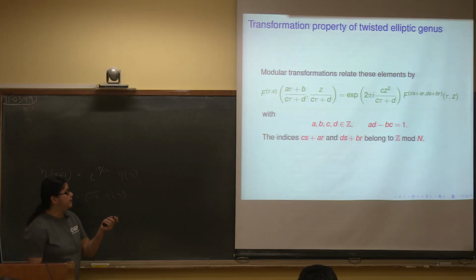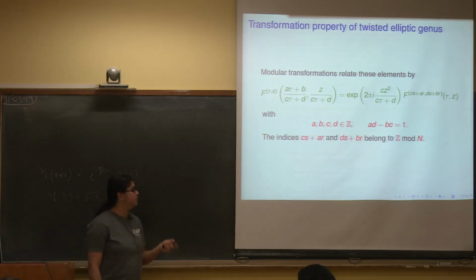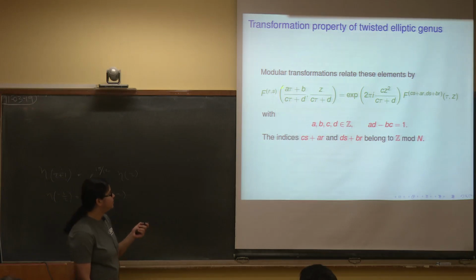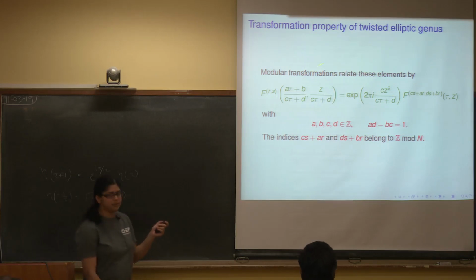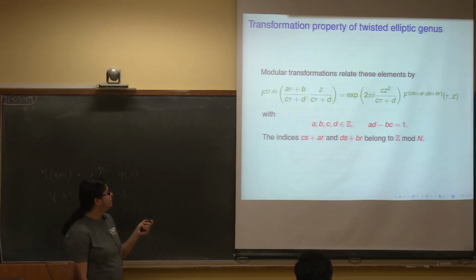These are modular functions, and here you have the property of the FRSs when they transform. Modular transformations from FRS from one sector to the other can be related in terms of these A, B, C and Ds. But here also you can see, if you have an order 4 object and you are in a sector something like 2, 0, then whatever ABCD you give on the right side, you cannot reach something which is even and odd or both odds.